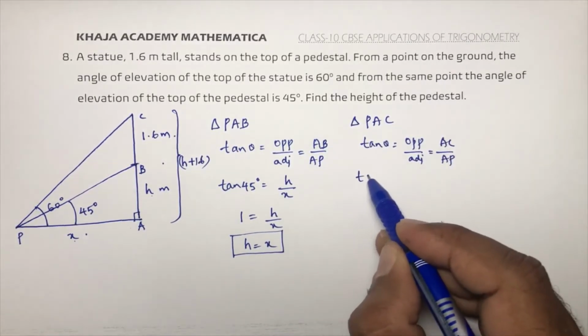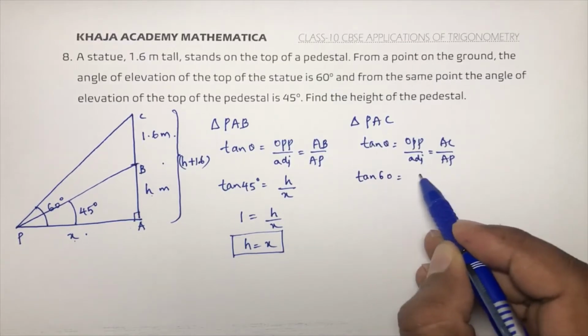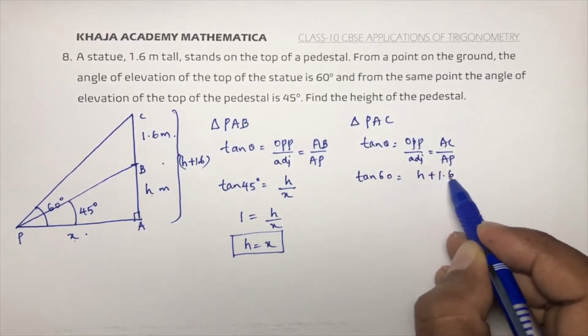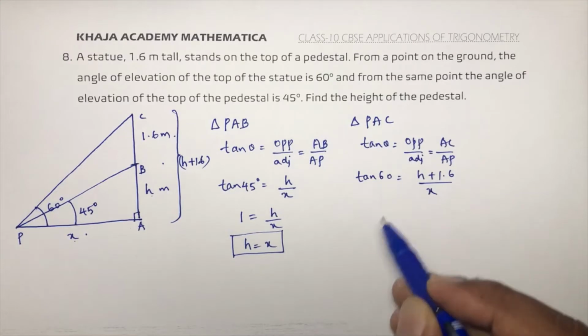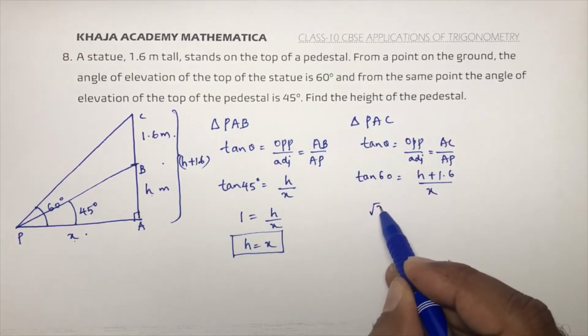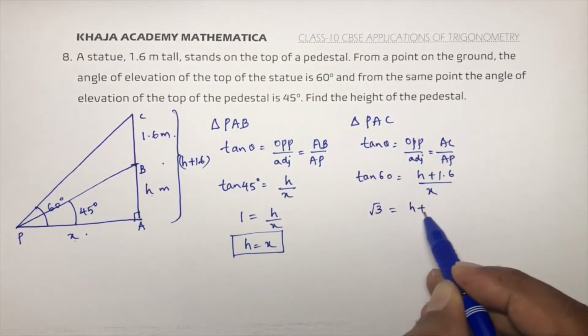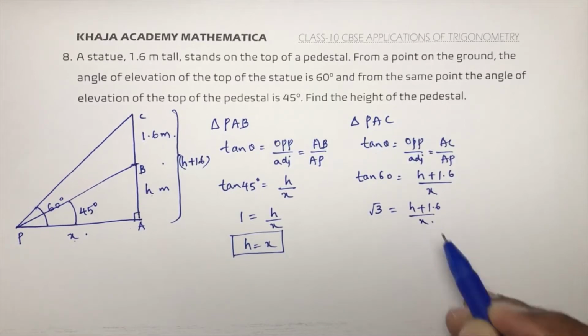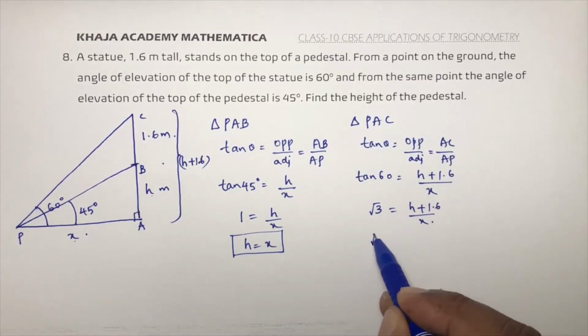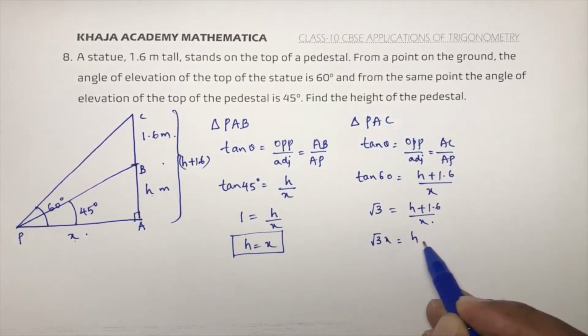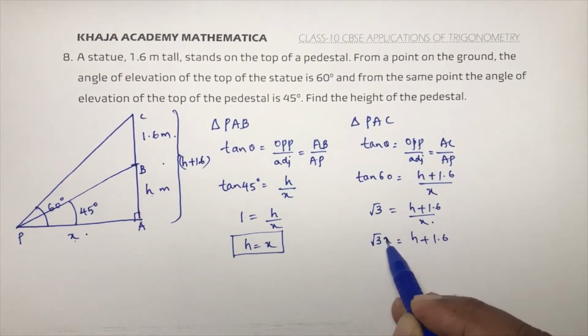Tan 60, AC is h plus 1.6 by x. So tan 60 is root 3 equals h plus 1.6 by x. Root 3x equals h plus 1.6.